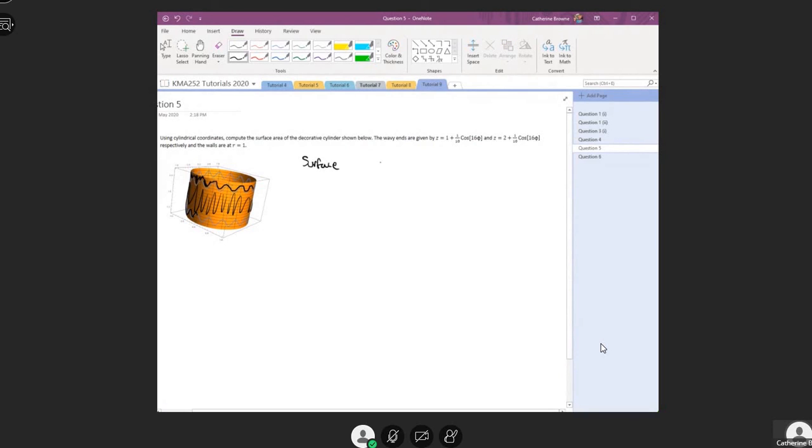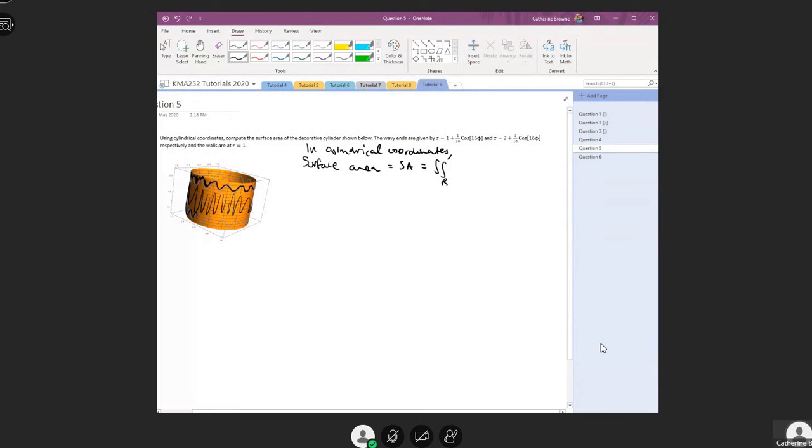So in cylindrical coordinates, the surface area, we'll give that by SA.